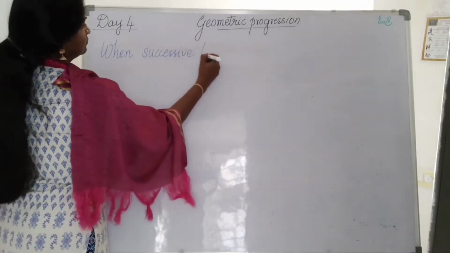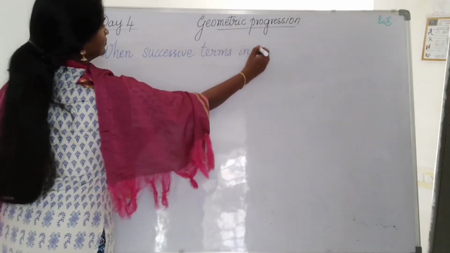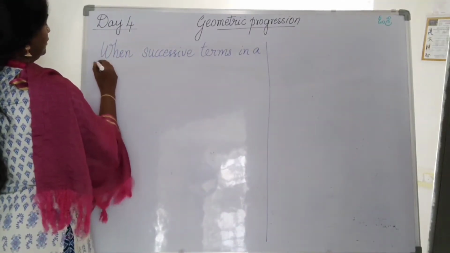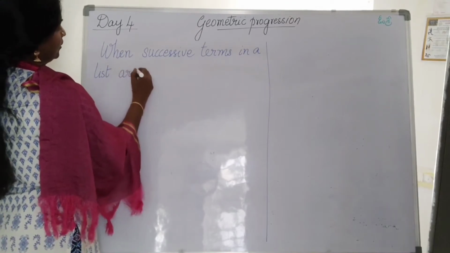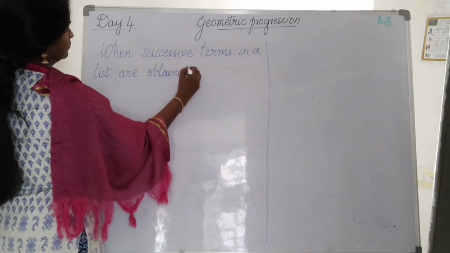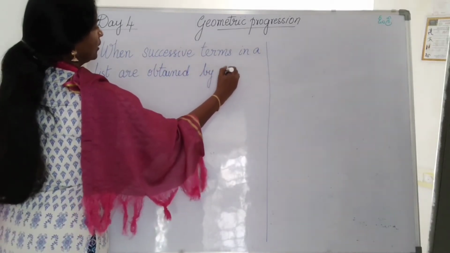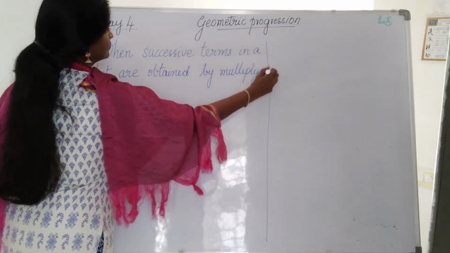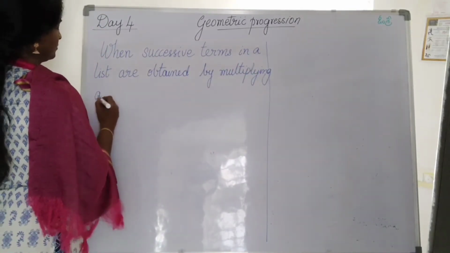Successive terms in a list are obtained by multiplying by a fixed number.